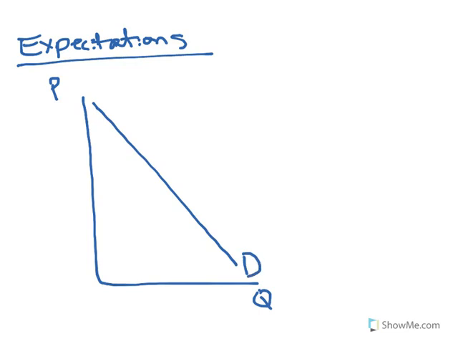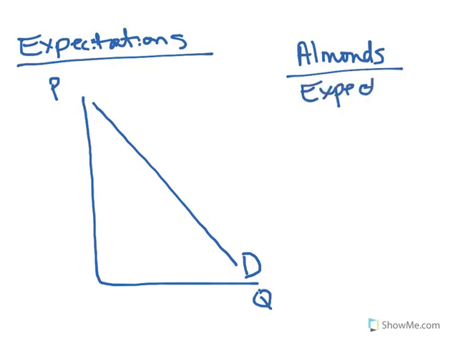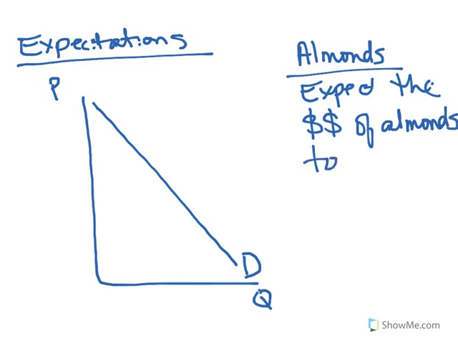So let's say we're talking about expectations related to a particular product. Let's say that I normally buy something like almonds. And I hear a report that because of the drought, they expect the price of almonds to increase in the future.